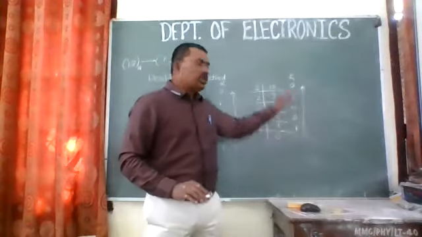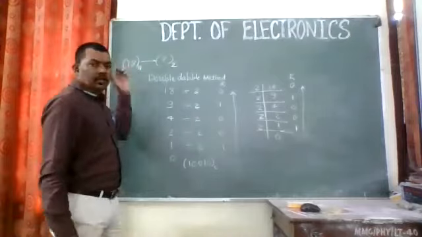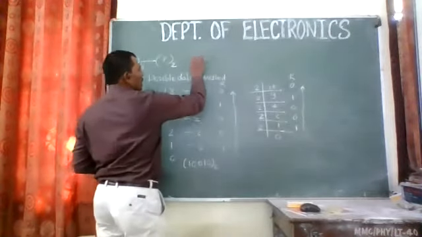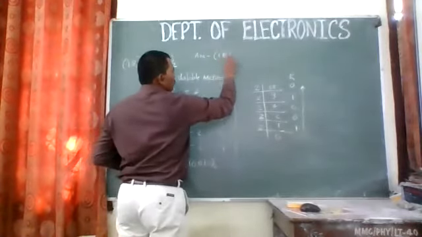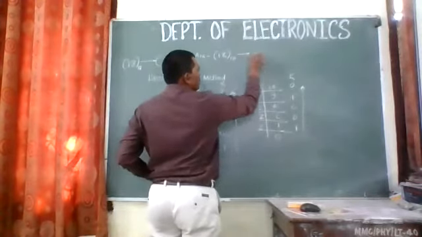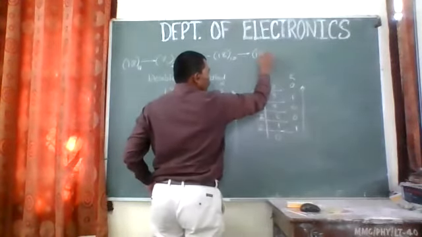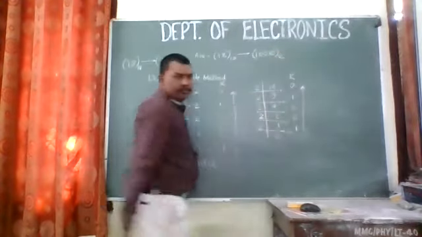Now you can write your answer like this. So the answer for 18, which is a decimal number, can be written as 1, 0, 0, 1, 0 in binary.